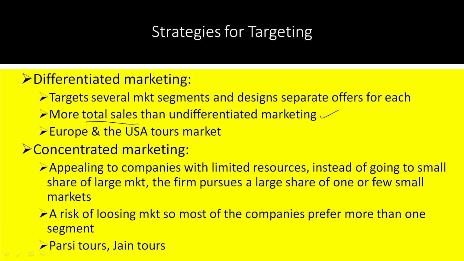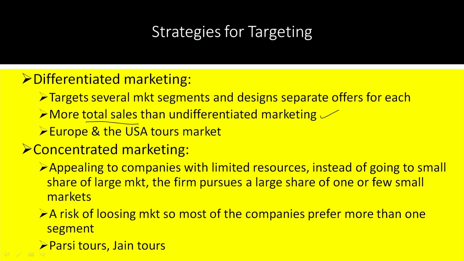We have to remember here, the undifferentiated market segment is larger, yet the sale was down, and in differentiated marketing, you are serving just one segment, ignoring the rest of the segments, but still doing more sale. Why? Because now you can serve your customers in a better way. Reason being, you have produced the product as per their requirement and not what the company can produce.